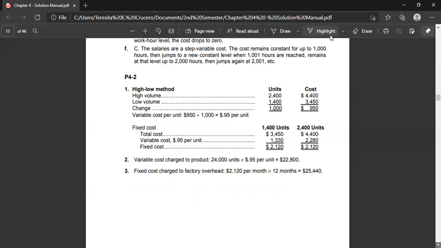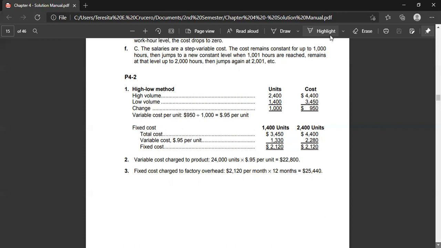So first, we are going to determine the highest capacity level. I told you that you have to look at the capacity level in terms of the units, the number of hours, the number of pieces or kilograms. So here, the highest among the units is 2,400. That's the highest among the units. So 2,400, the cost carried by it is 4,400.